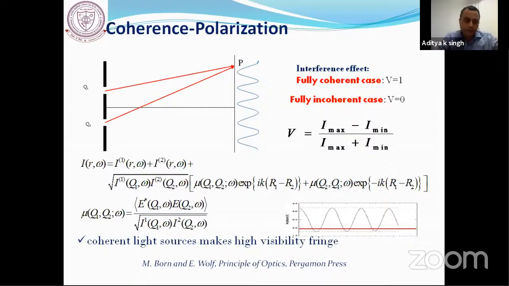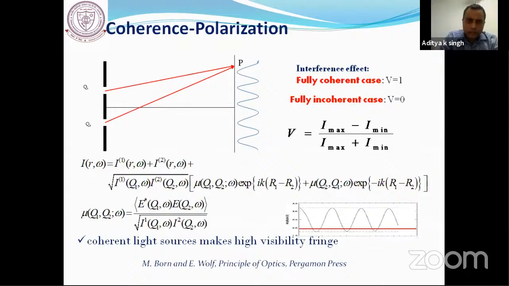Conventionally, when we define coherence or analyze the interference fringe visibility, we say that for the fully coherent case we get a high visibility, V equal to 1, and for incoherent light it becomes 0.